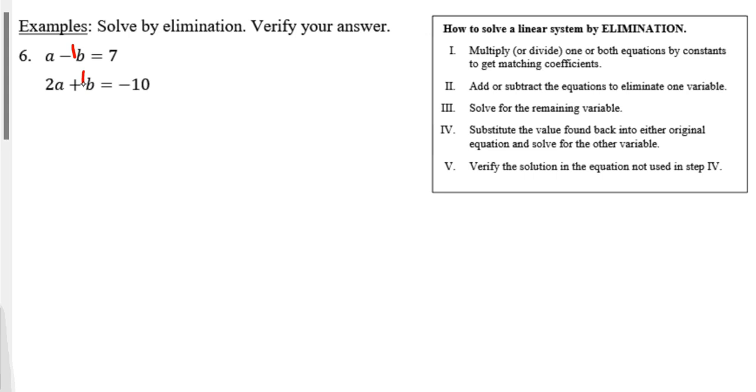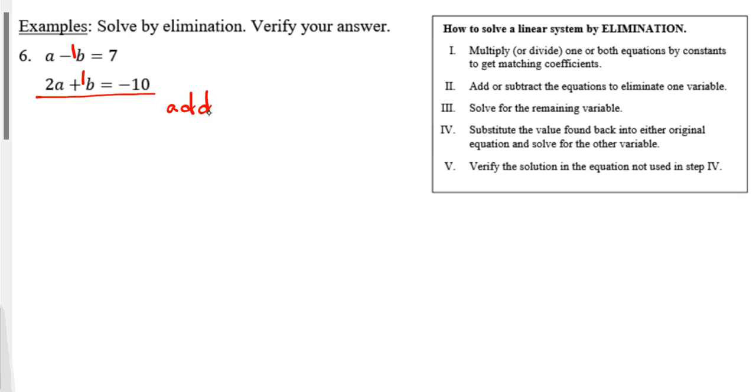That's what we're looking for in step 1. So once we have that, our goal will be to eliminate that b variable by adding or subtracting the two equations together. Since they have opposite signs here, we will add the two equations.